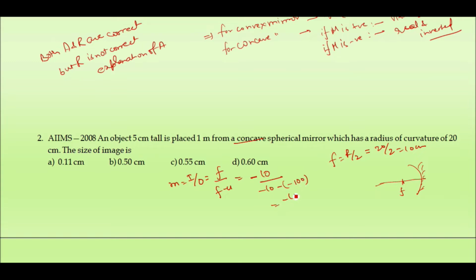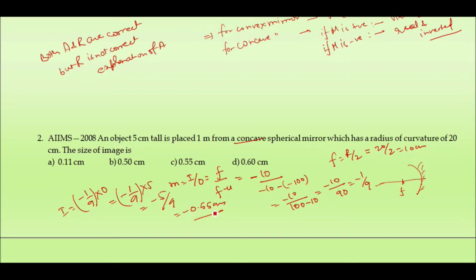So it's minus 10 divided by (minus 100 minus minus 10), and from there we get minus 10 divided by minus 90, that is 1 by 9 in magnitude, with the image inverted. So the image I is equal to minus 1 by 9 into O. Here O is 5 centimeters, so minus 1 by 9 into 5, that is minus 5 by 9, and it is equal to minus 0.55 centimeter. So the size of the image is minus 0.55 centimeter.